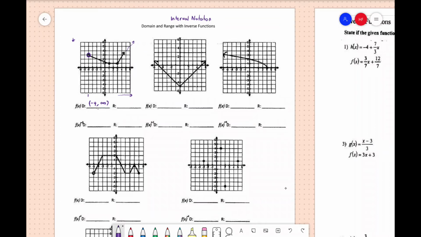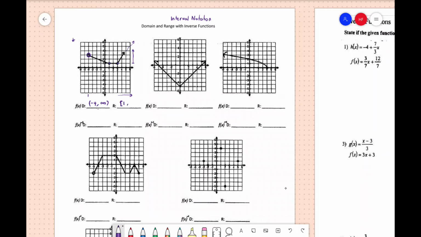For the range, where it starts on the lower bound is here, and I have that arrowhead, so it's going to go on and on and on as well. So my range starts at 1, and that 1 is included because it is a closed point here.